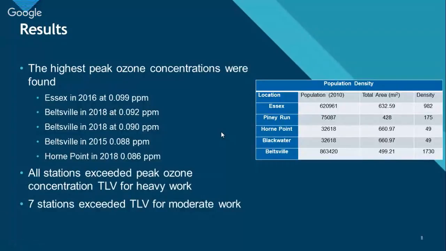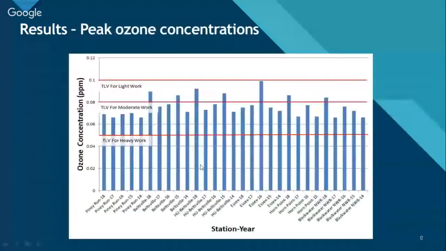We're going to show a plot on the next slide, but as we talk about that, just remember the TLVs, the ACGIH threshold limits for ozone. All stations reported limits in excess of the TLV for heavy work for every year reported. So there were peak ozone concentration levels measured at every station in the state that exceeded the TLV for heavy work.